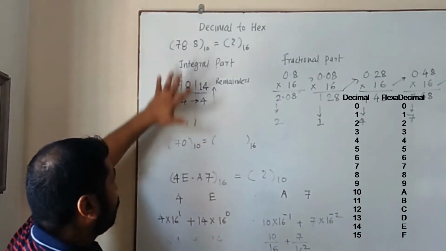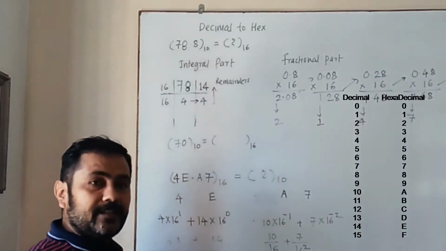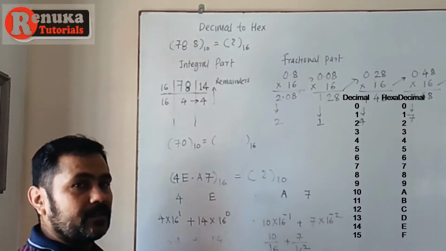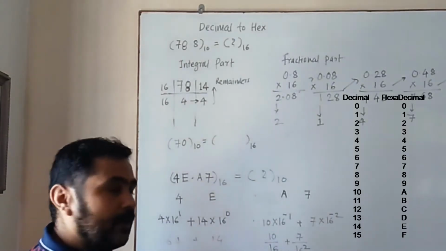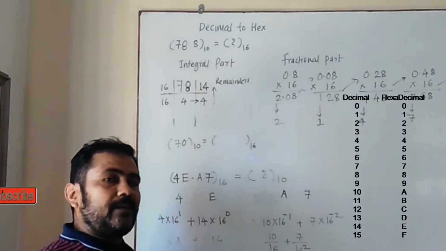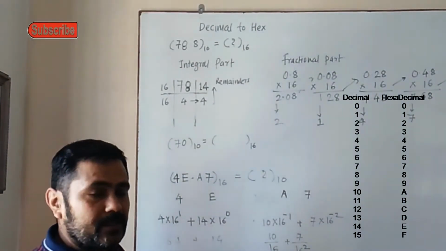Now, to represent numbers in the hexadecimal number system, it is the same as the decimal number system for the digits 0 to 9, which are represented as they are.